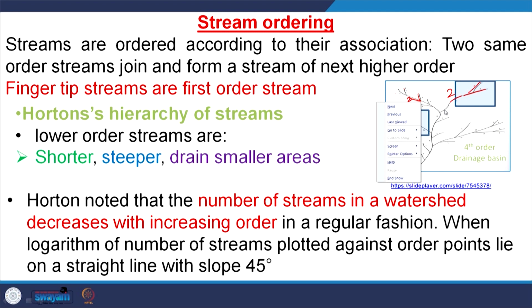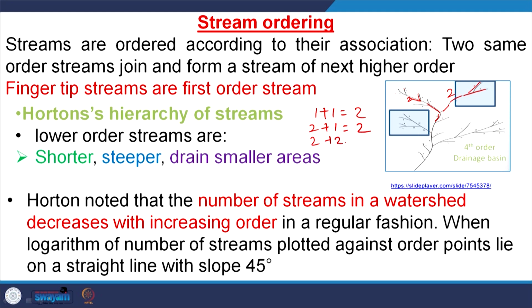Similarly, for example, here one second order stream is here, and one second order stream is here. So, the result is a third order stream. That means 1 plus 1 equals 2, but 2 plus 1 equals 2, and 2 plus 2 equals 3.